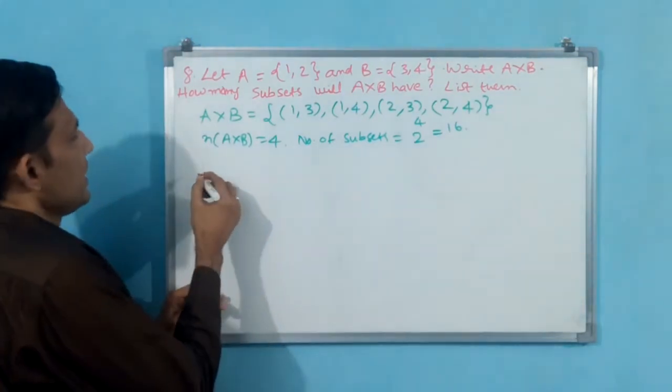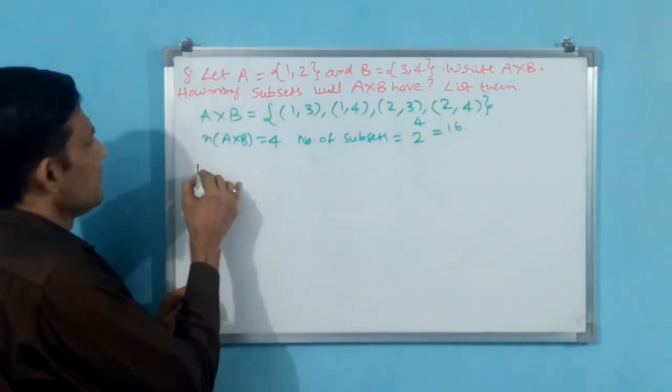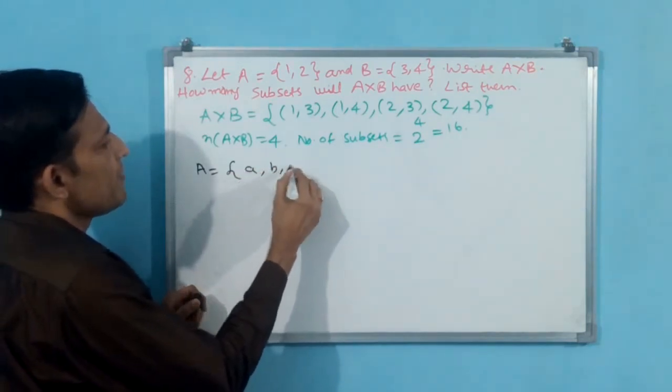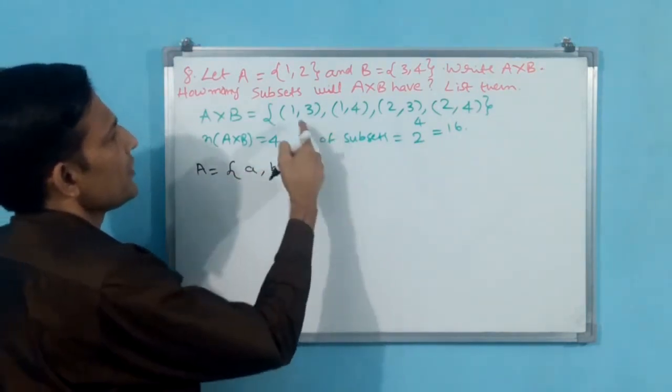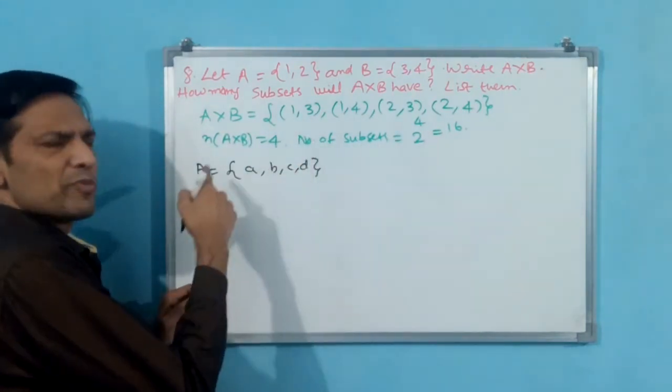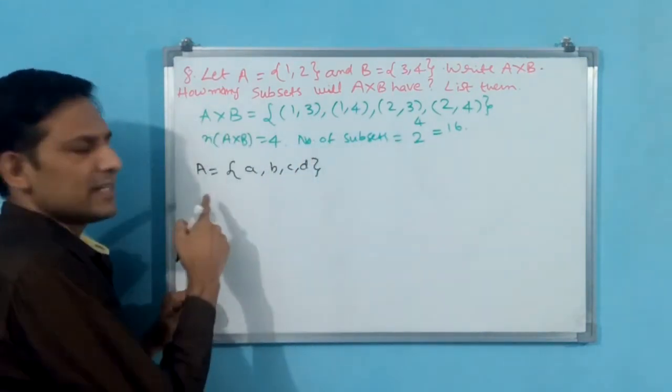Let us take A is equal to A, B, C, D only. Consider A cross B or whatever it may be. See, A cross B is also one set, A is also one set.